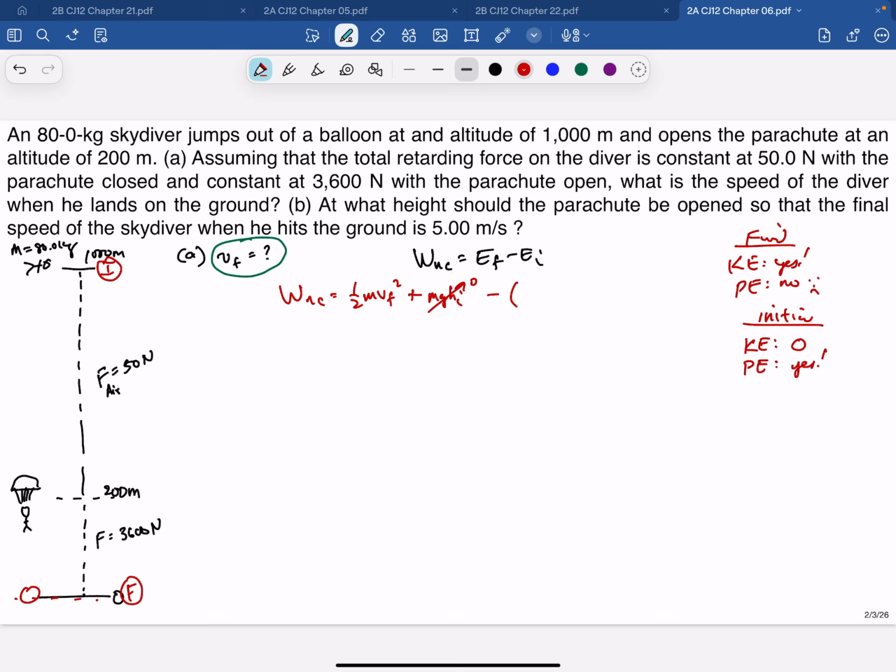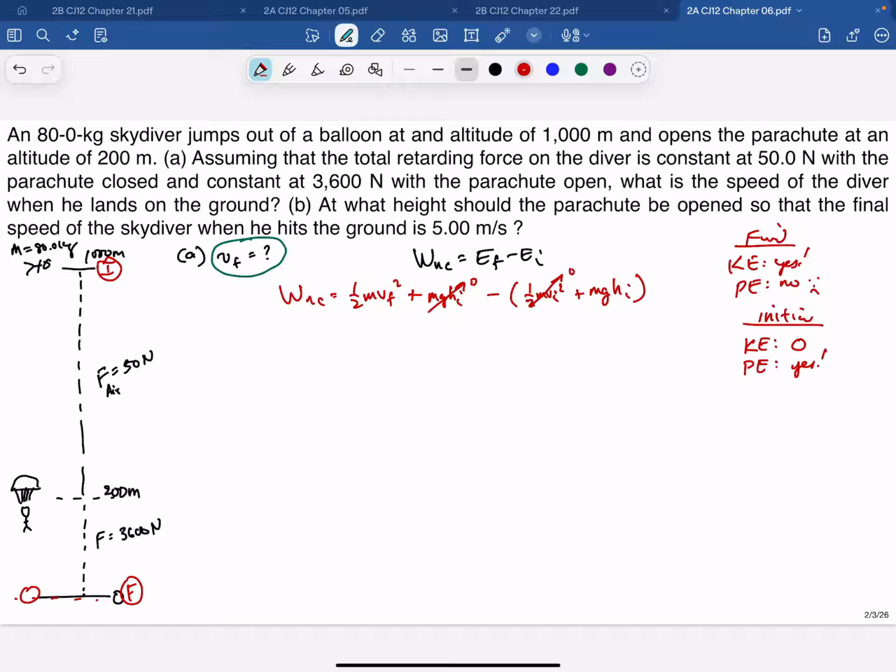Right? So if it has no kinetic energy, my method would be one half m v initial squared and then cross this out, plus mgh initial. Okay? All right, and then I typically do the next line at the same time. I've worked out the energy, so now I'm going to work out the force, and I'm going to clean up the right-hand side.